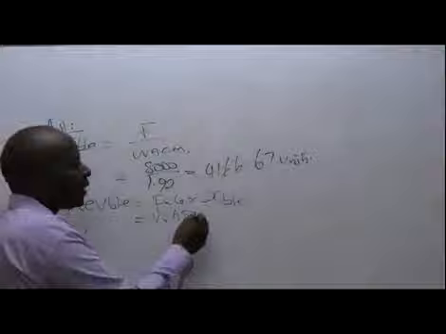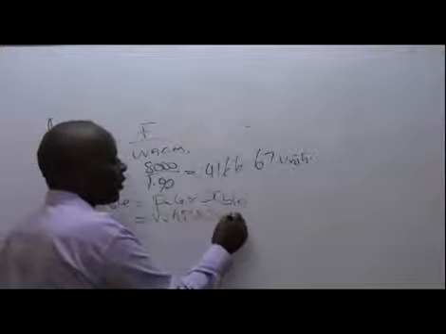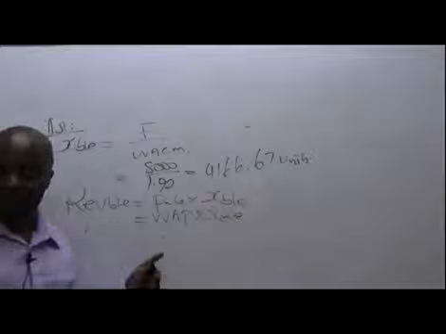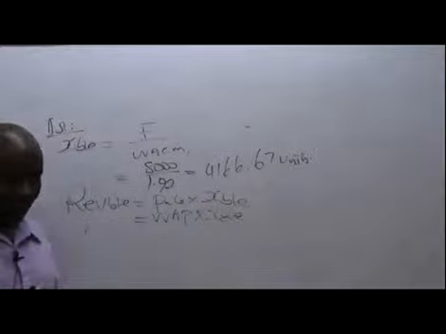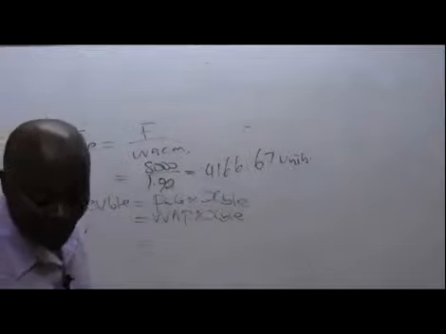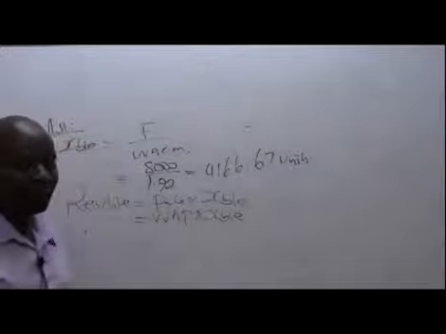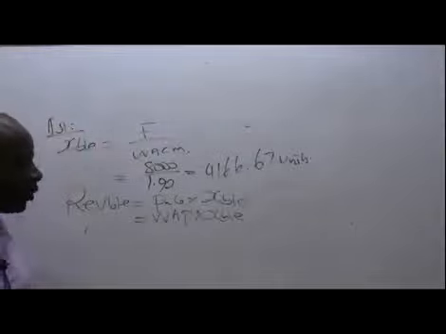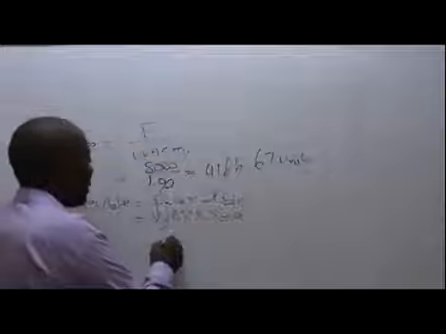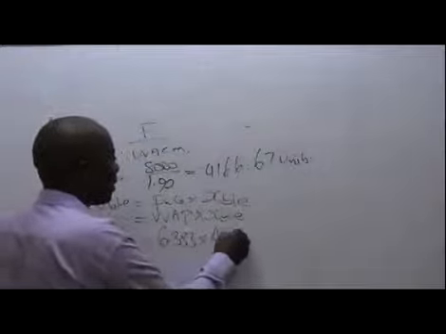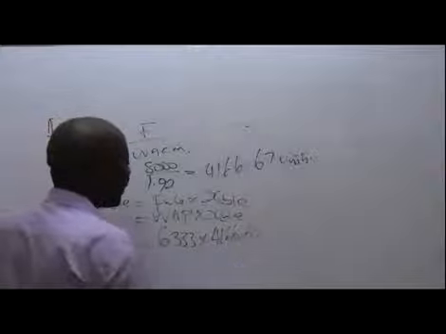So WAP times X break-even. Is there any student who is able to remember the WAP? 6.333. So this is 6.333 times 4166.67.